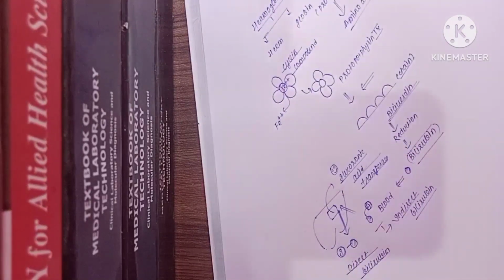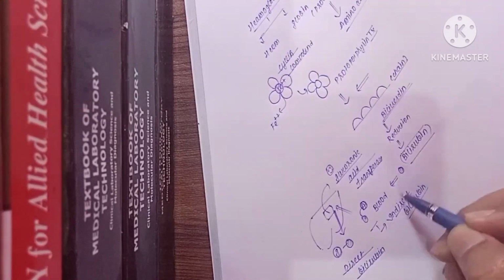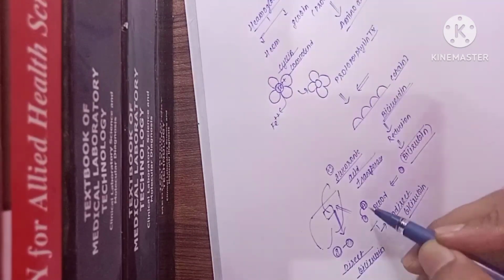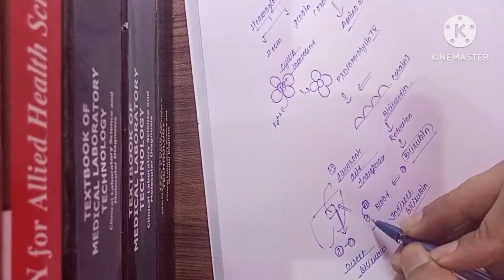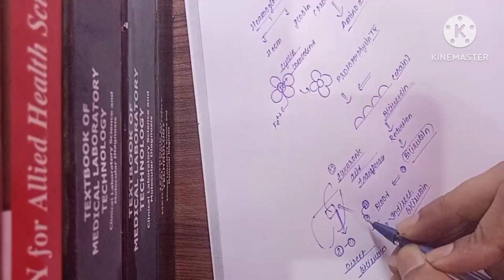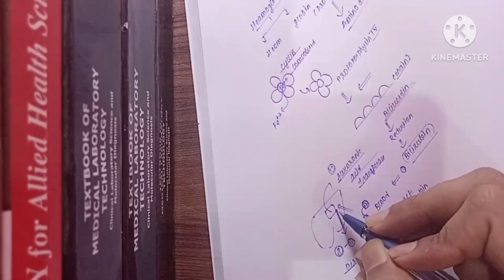When it comes out in the blood, you have a special protein known as albumin. Albumin gets bonded with this bilirubin, which makes indirect bilirubin. In very simple words, albumin bonded with bilirubin is known as indirect bilirubin. Then this indirect bilirubin reaches your liver.